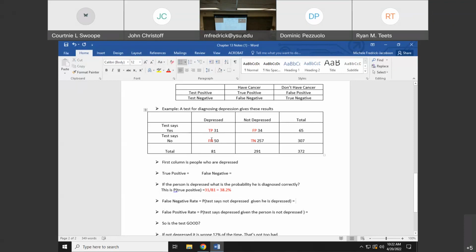So false negative, which is here, would be 50 divided by 81. And you do want to write these rates as percents. 61.7.